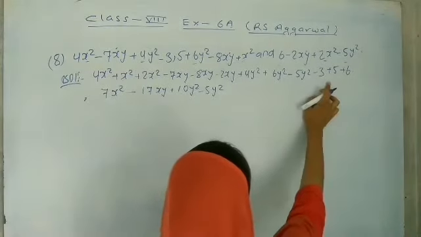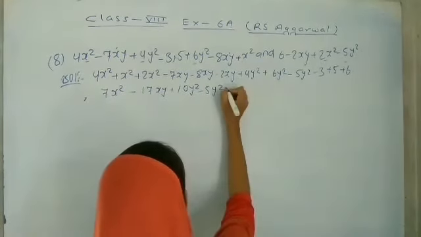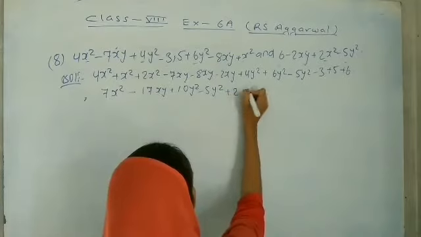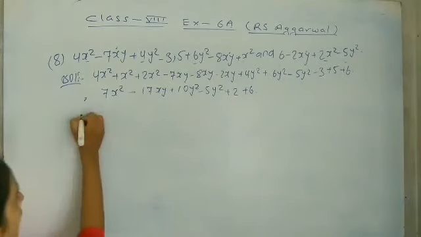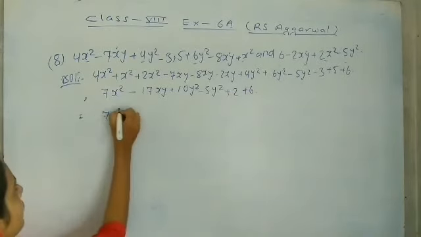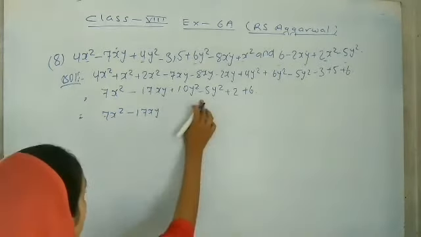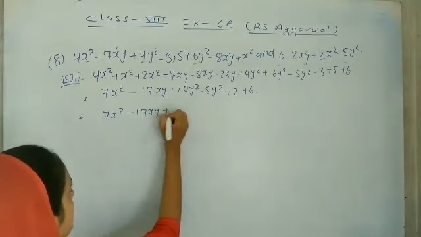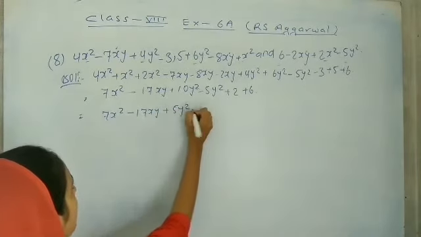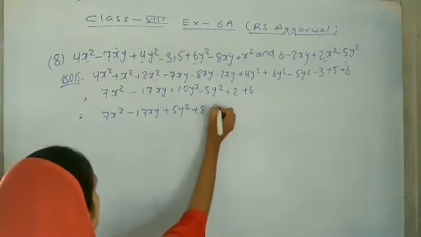And here minus plus minus, for the sign will have plus 2 plus 6, plus 8. So 7x square minus 17xy plus 5y square plus 8 is our right answer.